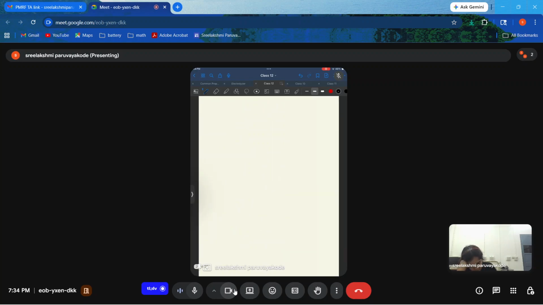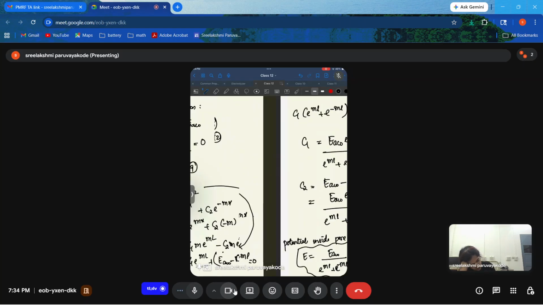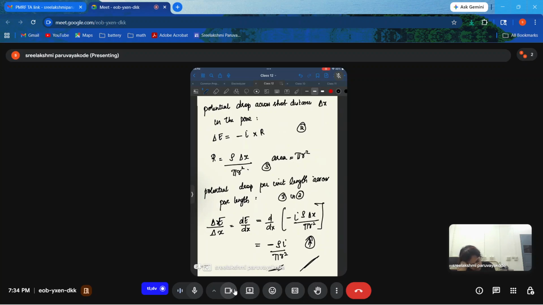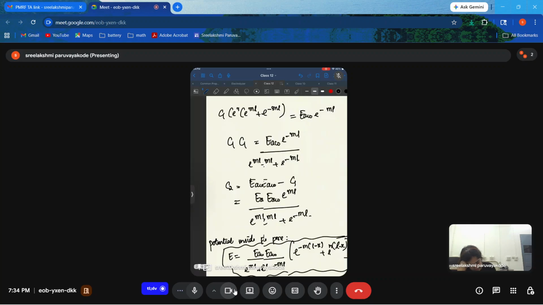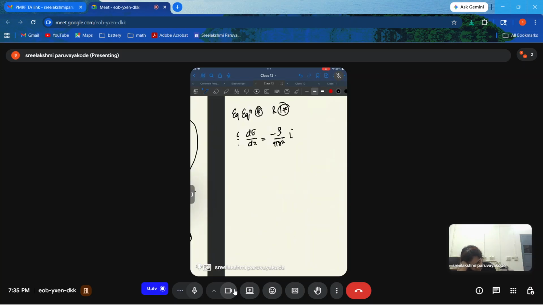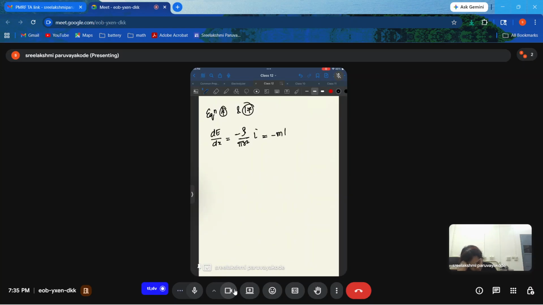Now if we have equation 4 and 17, this is 4. This value is supposed to be equal to equation 17, right? That is dE by dx. This is from equation 4 that I get this. And this is supposed to be equal to this one. If I do this, I'll find out the current.